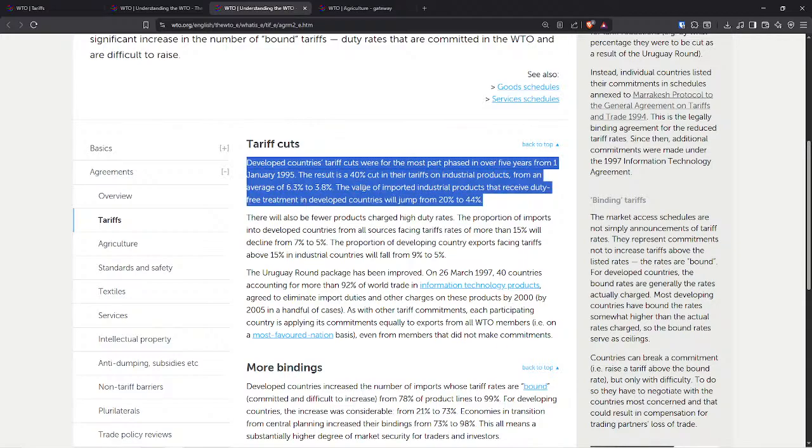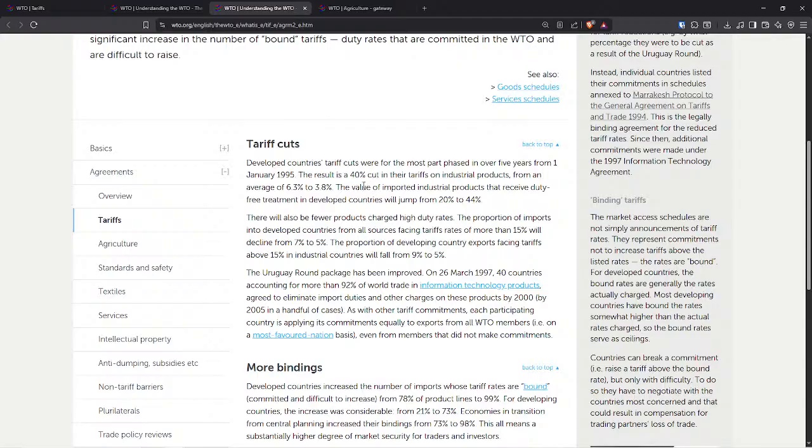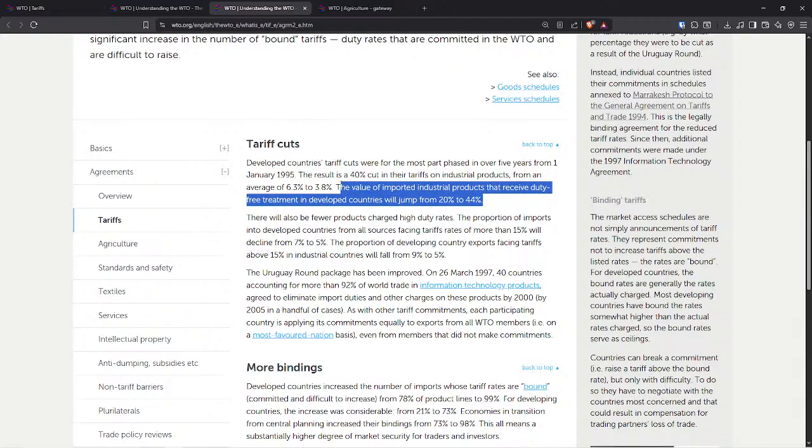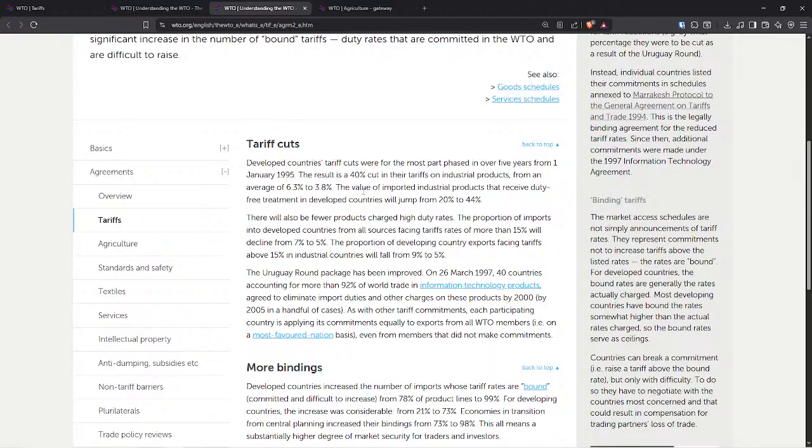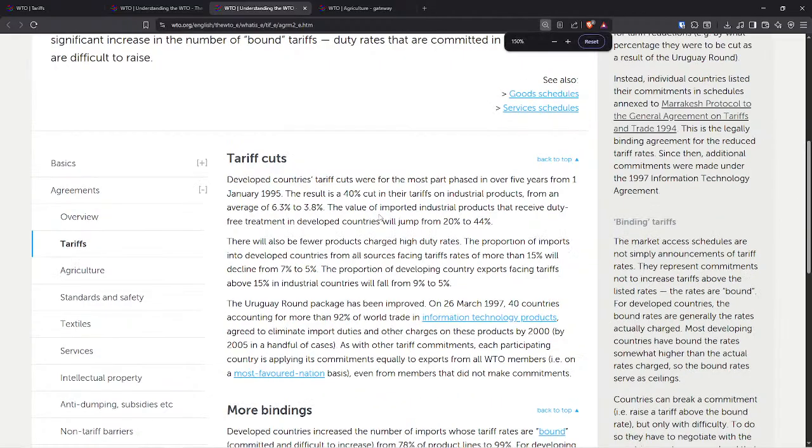Hold on, no, that would be if a tariff was applied. The value of imported industrial products that receive duty-free treatment. Oh no, I was misreading it.